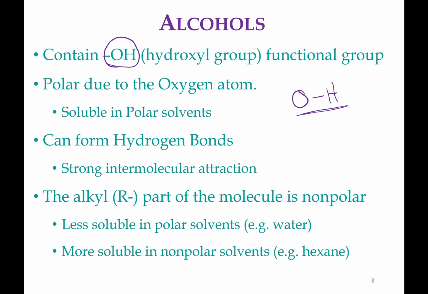And remember that hydrogen bonds are one of the strongest intermolecular attractions that we have. Now the R group of this one is nonpolar. Depending on the length of the chain, they're going to be soluble in water. So how many carbons can this one OH group pull into solution? About 5 to 6. So we'll see that happen.